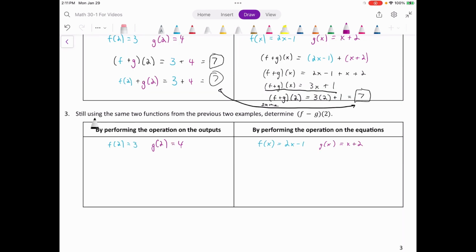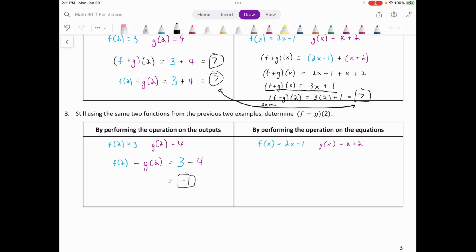All right, let's try subtracting them. So still using the same two functions, determine f minus g of 2, right? Well, again, we know f of 2 is 3. We know g of 2 is 4. So what's f of 2 minus g of 2, right? Well, f of 2 minus g of 2 is just going to equal f of 2 is 3, g of 2 is 4, so 3 minus 4, which gives us negative 1.